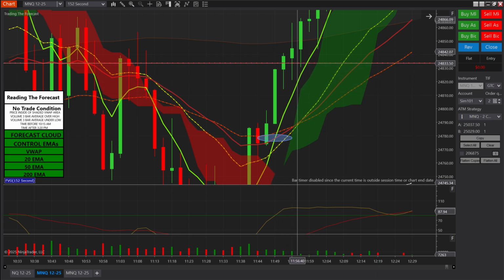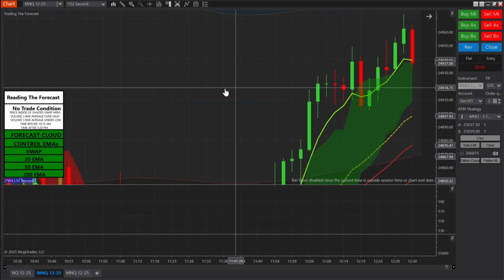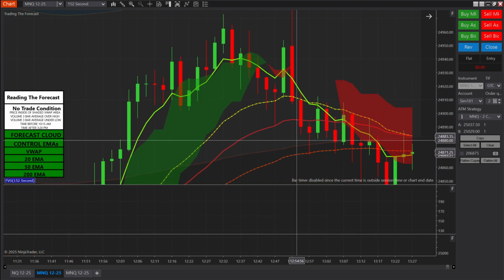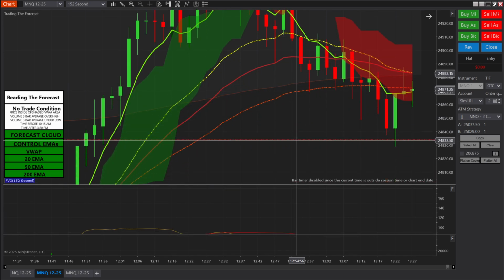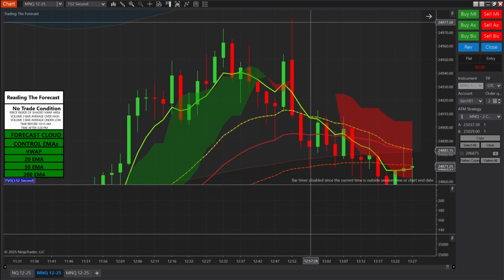So you would have entered somewhere on this candle after the control EMA cross, and you would be in a long. And the long on this particular trade went all the way to 24,978.